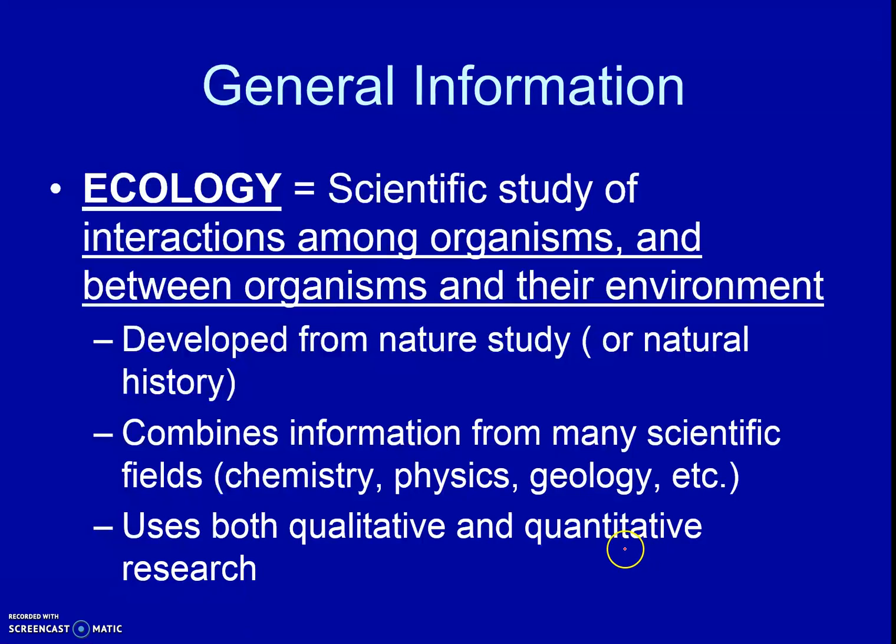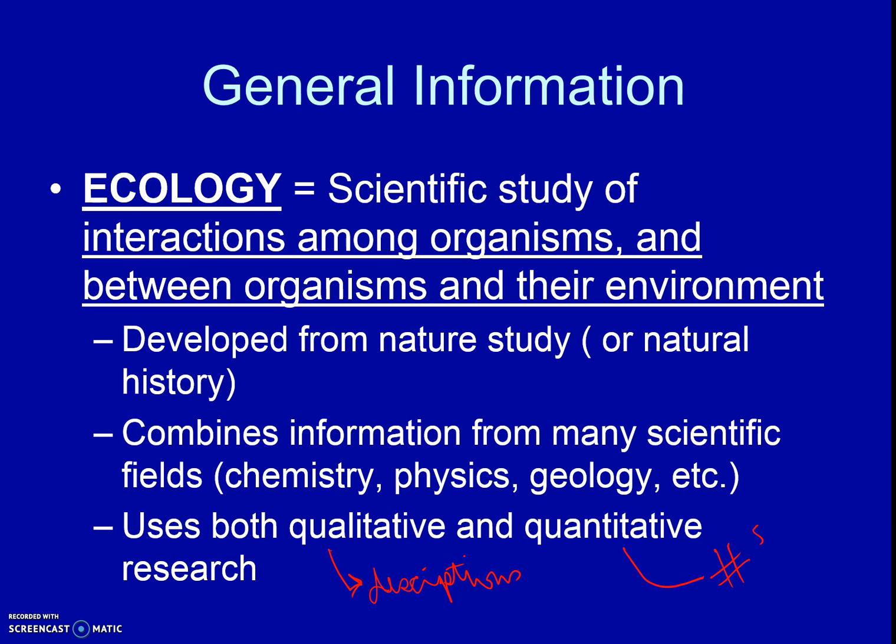Remember, as a review from Unit 1, quantitative refers to numbers, and you can put your information from quantitative research into graphs or tables, whereas qualitative is going to be descriptions. And descriptions are going to be things that are more so represented with colors. They're not as easily put into a table or graph.